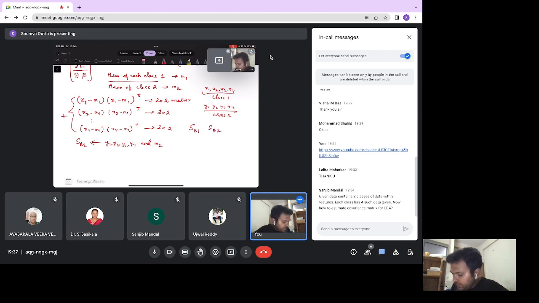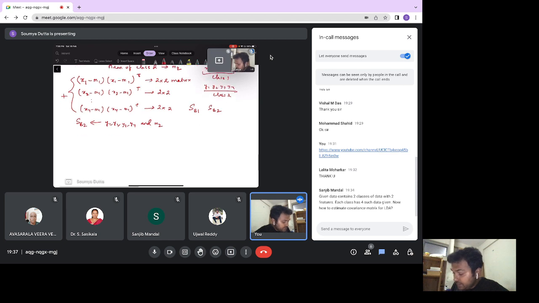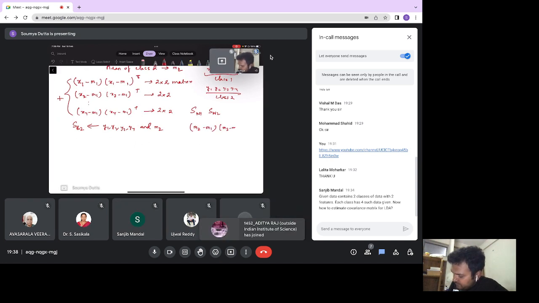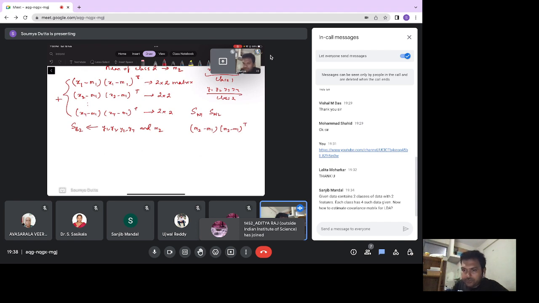Sorry, this will be SW1 and SW2. This is the within class variance. Similarly, you can find SB, which is M2 minus M1 into M2 minus M1 transpose.